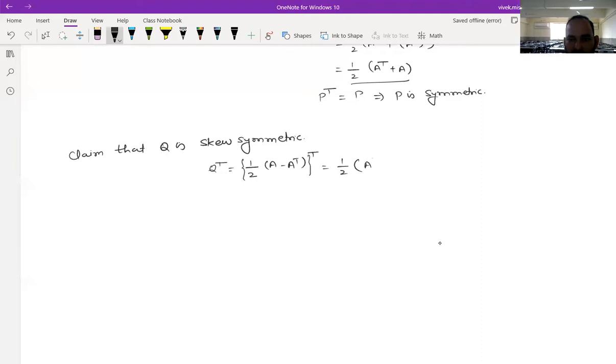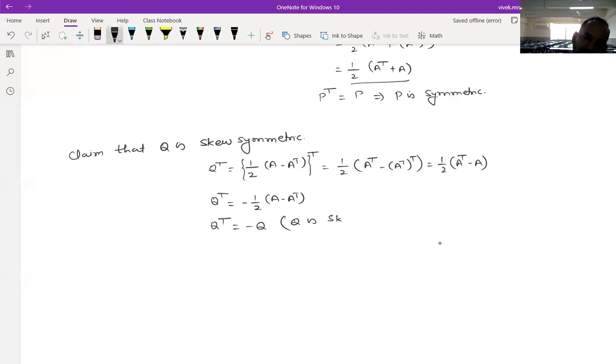That is 1 by 2 (A transpose minus A transpose का transpose), that is A transpose minus A. So Q transpose is minus 1 by 2 (A minus A transpose), that is minus Q. Q transpose is minus Q. Implies that Q is skew symmetric.